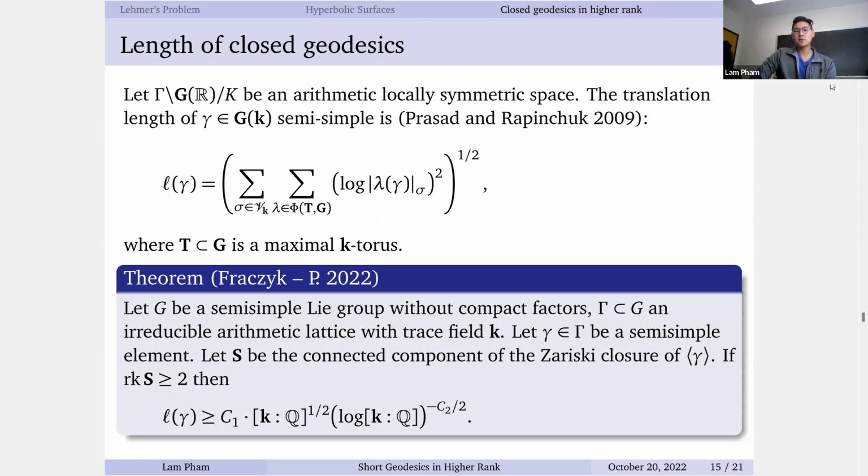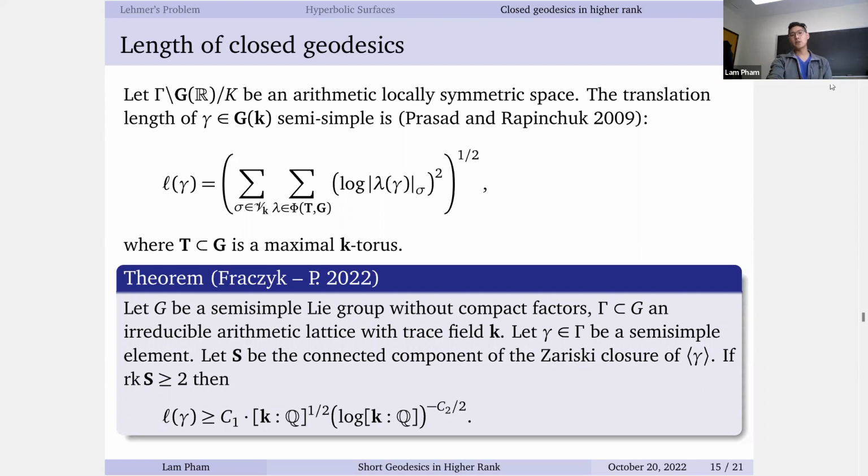So the closed geodesics that are short, that make the problem of this short geodesic conjecture hard, are actually geodesics corresponding to elements gamma only generating one-dimensional tori. In a sense, this says that, without counting multiplicity, you can actually find a lower bound for all the possible geodesics.